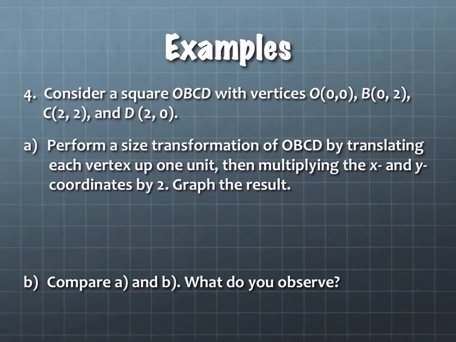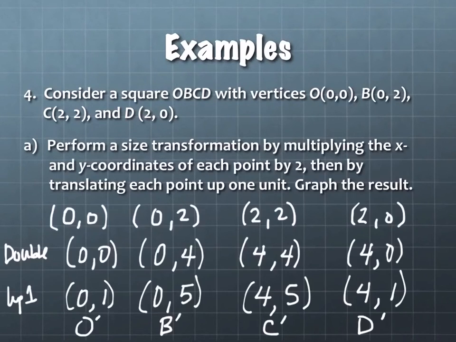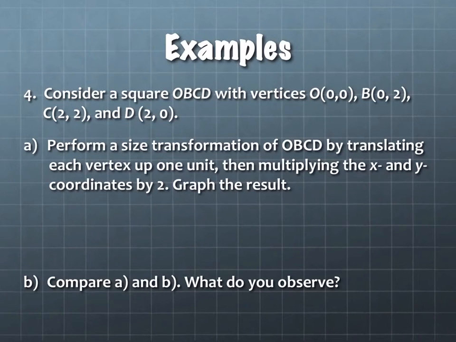Part B says, I think it reverted this to say part A on my slide, but this is B. Okay, perform a size transformation of OBCD by translating each vertex up 1 unit, then multiplying the x and y coordinates by 2.